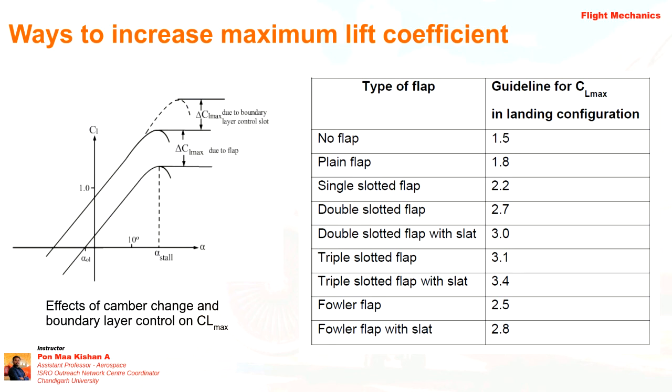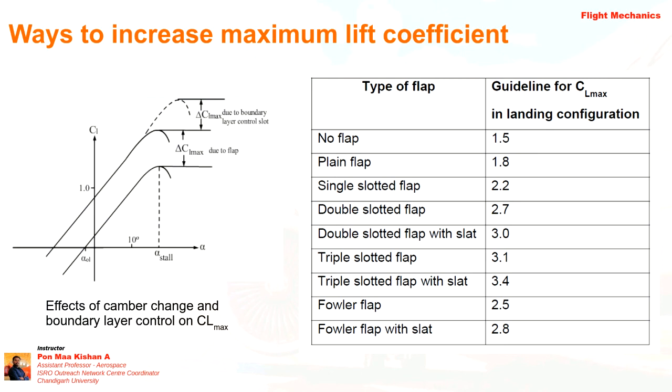So why can we not use this in every aircraft? That might be your question. Although nowadays we are using slats, some aircraft do not prefer the triple slotted flap, because there is an increase in weight and the wing area increases much more.